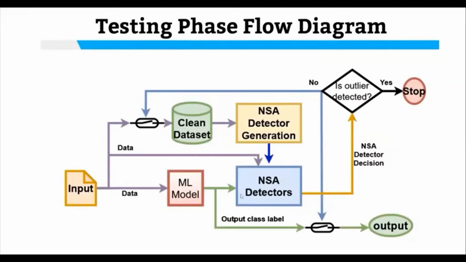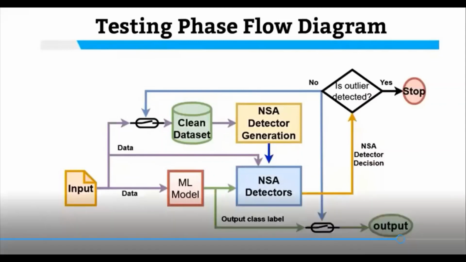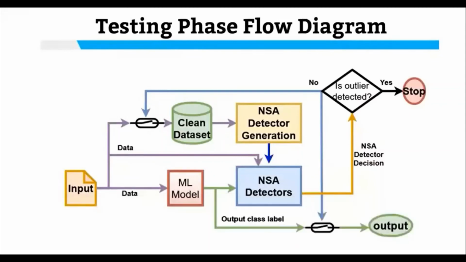And every time new inputs are detected as clean, it again updates the NSA detector. So there is consistency between the ML model and the NSA detector. We can say there is a cold start problem, as initially the NSA detector does not have enough data, but if we put clean data first as a test program, the NSA detector will learn this, and then it can automatically update itself as users use the ML model.